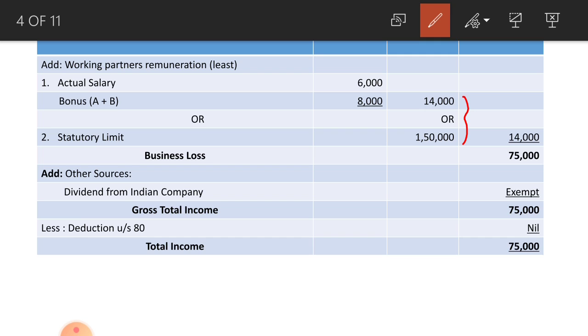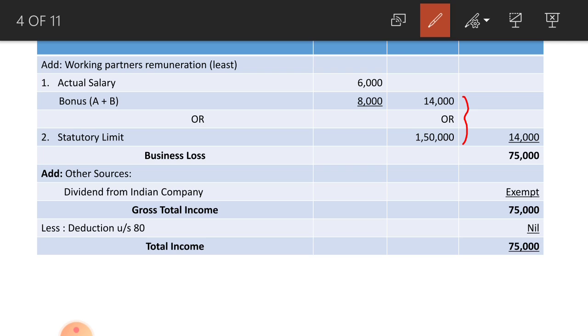Here business loss amounts to rupees 75,000, that is 61,000 of book loss plus 14,000 of working partners' remuneration as expenditure. Total of business loss amounts to rupees 75,000.